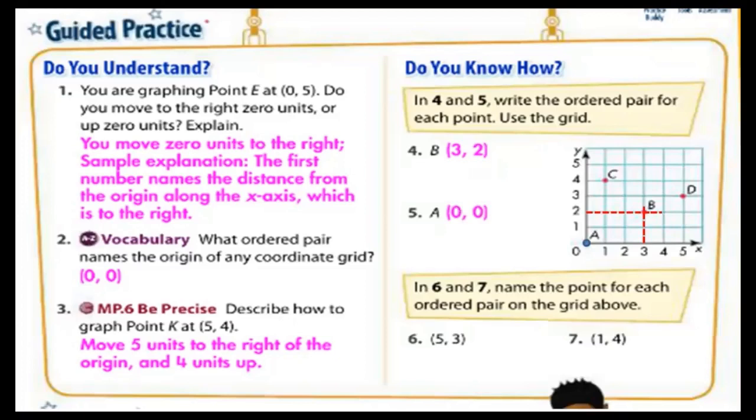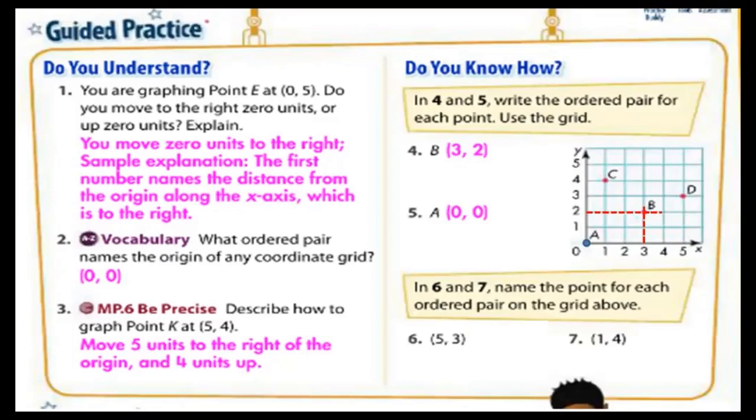Now continue in guided practice on the same page, 779. My heroes, pay attention and concentrate on the next one. In 6 and 7, name the point for each ordered pair on the grid above.